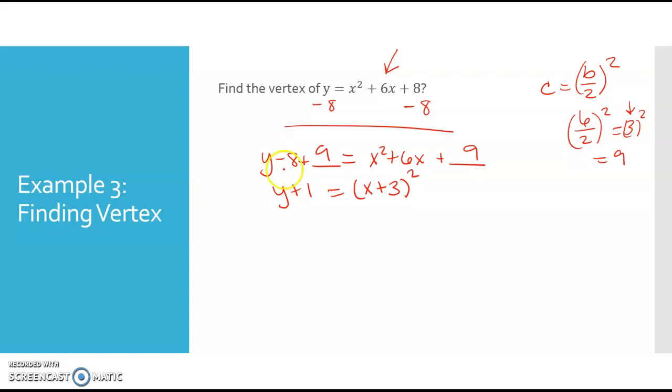That is our start, but I want the vertex. I've got to put this in that vertex form, so I've got to move it to where y is by itself. I'm going to subtract 1. So now I have y equals x plus 3, quantity squared, minus 1. That is my vertex form.